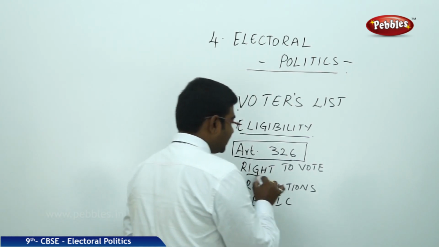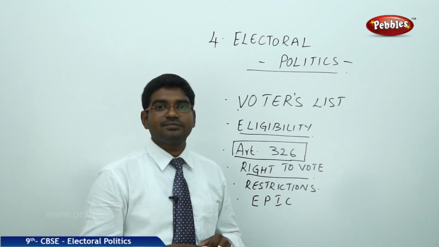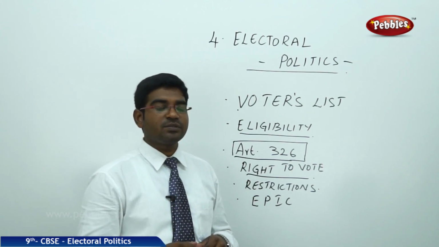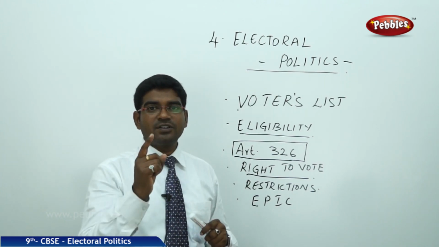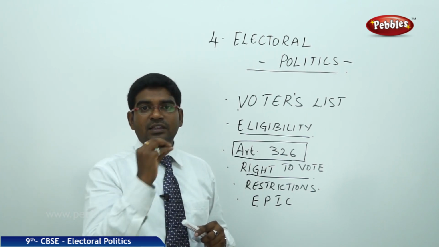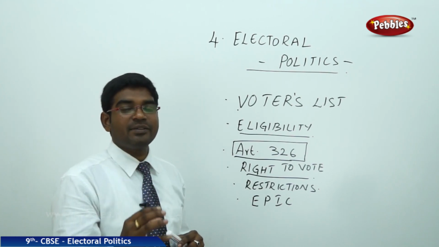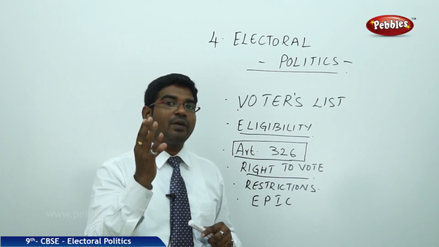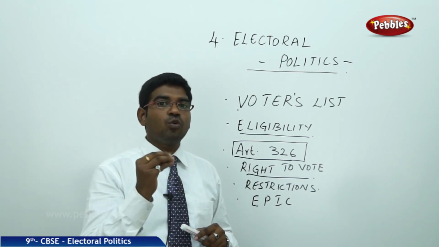And do we have any restrictions when it comes to the right to vote? Yes, we do have certain restrictions. What are those restrictions? First of all, any individual who is healthy is eligible to vote. An individual who is not healthy, who has an unsound mind, cannot have the right to vote.